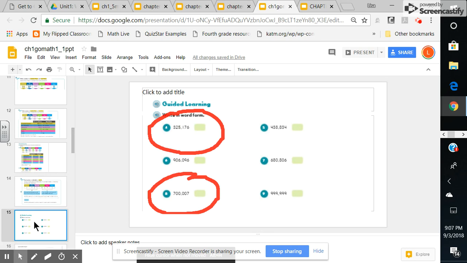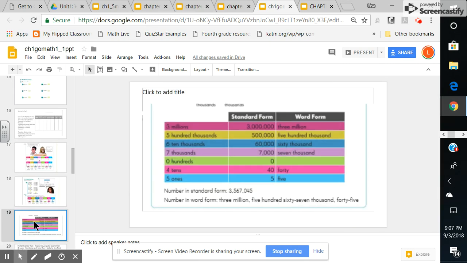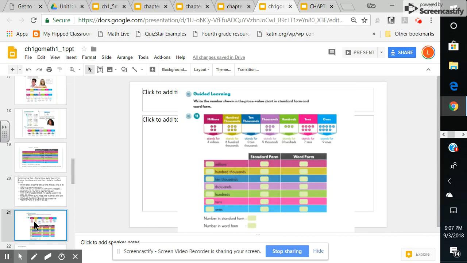We're almost done. We're going to count in the millions in class, but I wanted us to go over understanding millions. Let's read the millions again. Now we would put in our place value chart the discs: 4 millions, 6 hundred thousands, no ten thousands, 5 thousands, 3 hundreds, 7 tens, and 9 ones.